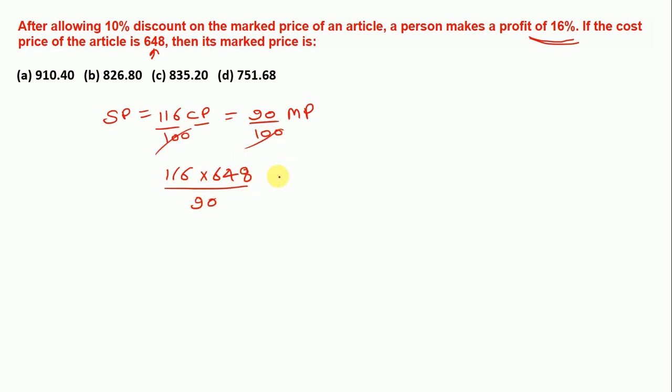So this will be equal to the market price. So just solve this, 116 into 648, and just divide by 90, and your answer will be equal to MP is equal to 835.2. So option C will be absolutely correct.